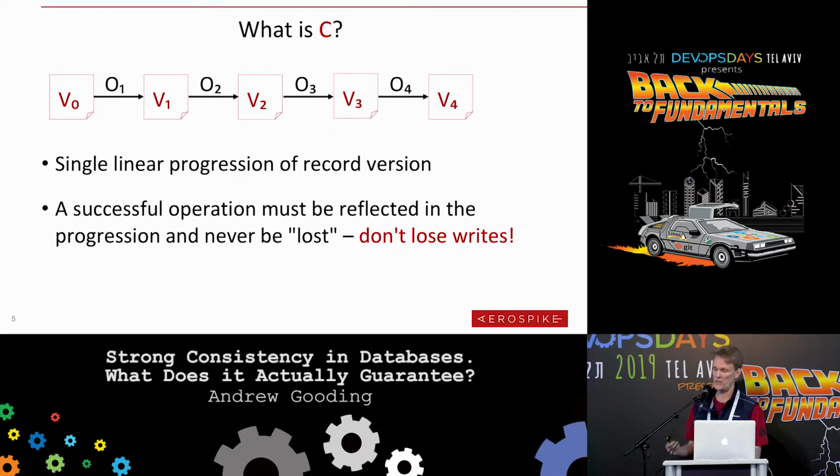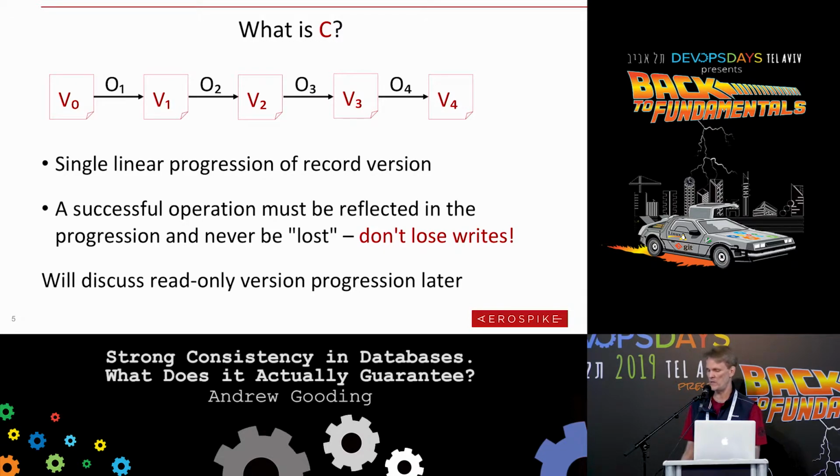So to me, this is strong consistency. There are some nuances concerning read-only operations and the version progressions you see there. I'll come back and talk about that later, but I don't want to muddy up what I think the actual definition of strong consistency is.